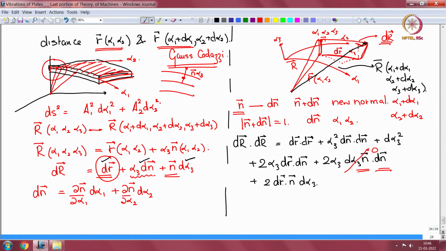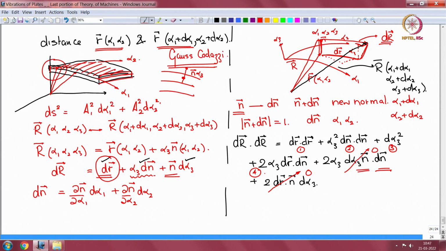Similarly, dr happens to lie in the mid plane, okay, and n is the local normal. So, this is also 0, these two are 0. So, we have these terms that survive 1, 2, 3 and 4. These 4 terms survive.